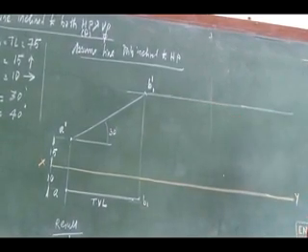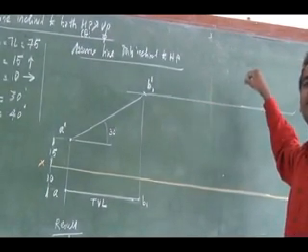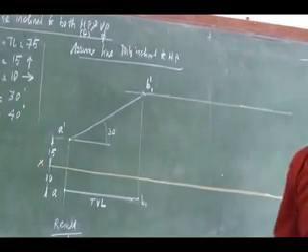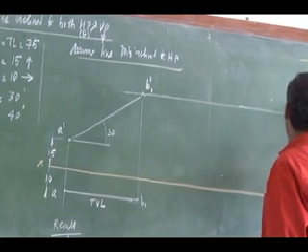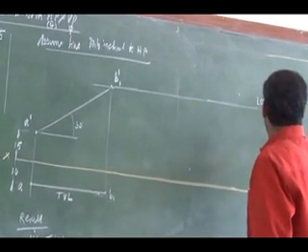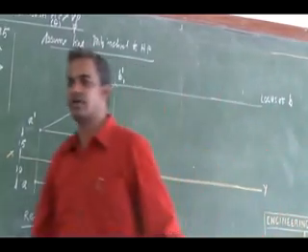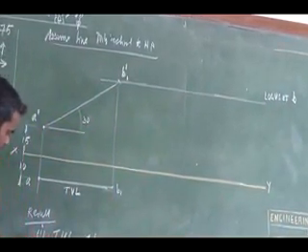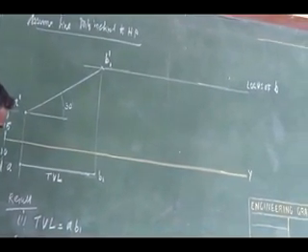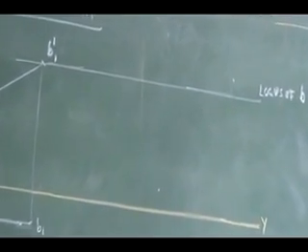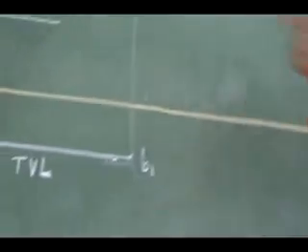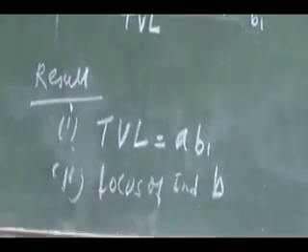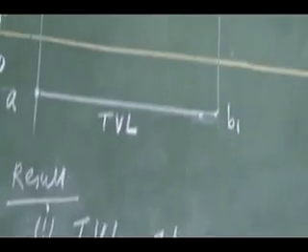On this line only, I am going to have my final projection of end B. So this is the locus of end B. In this one, I have got the top view length and the locus of end B. So my final top view of end B has to fall on this locus. From this assumption, I have got this.